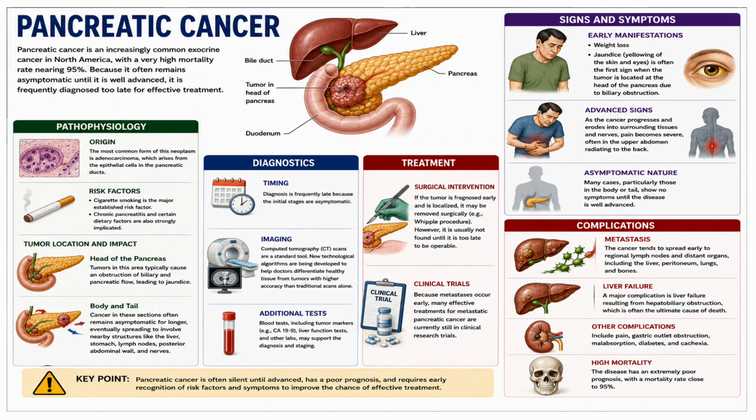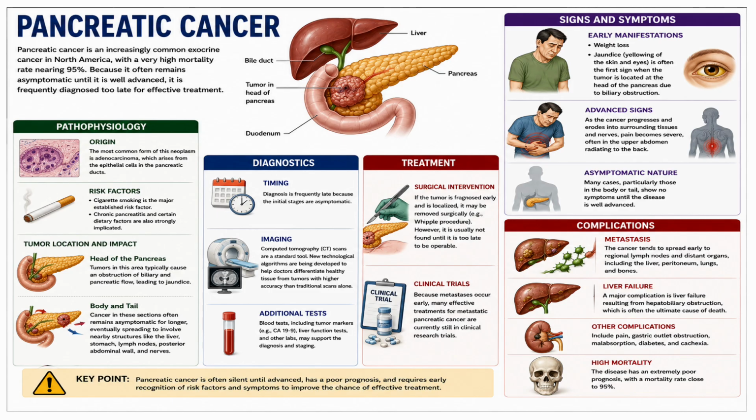The most significant risk factor is cigarette smoking, though chronic pancreatitis and dietary factors also play major roles in its development. Because the pancreas is located behind the stomach and has a significant functional reserve, the cancer often remains asymptomatic until well advanced, unfortunately, which frequently leads to a late diagnosis.